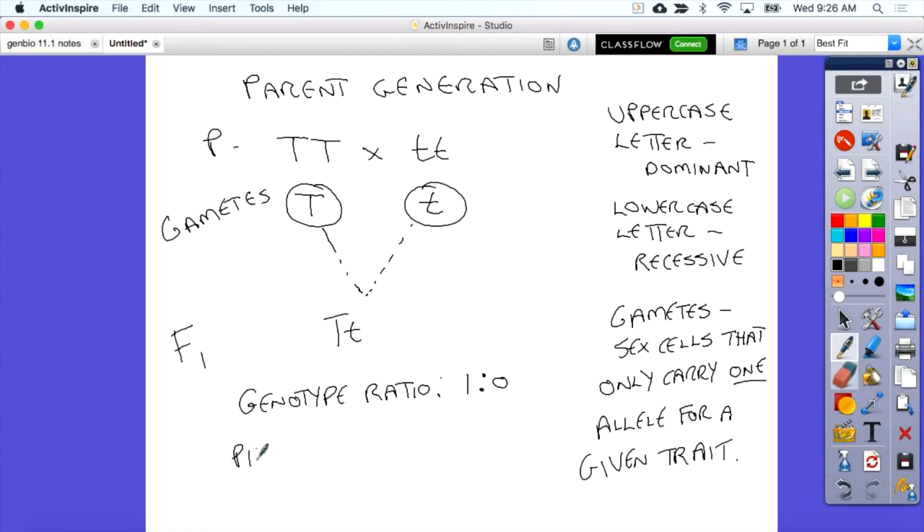The phenotype ratio, and phenotype indicates the physical appearance, is also 1 to 0 or 100% tall plants.